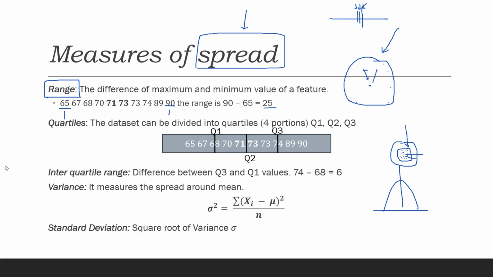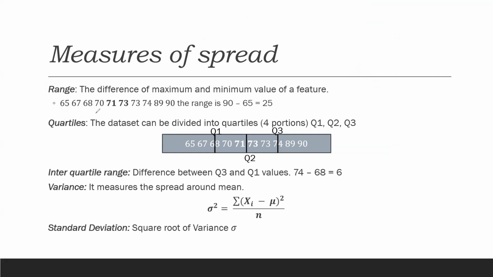If you are given two data sets, similarly, say this is a weight data set and you have one more weight data set, you can compare those two, if they belong to the same thing, by simply looking at the range. If the range is very similar, then you can say they are somewhat similar, but this is not enough. Just by looking at range, you cannot tell if the two data sets belong to the same population or the same data set.